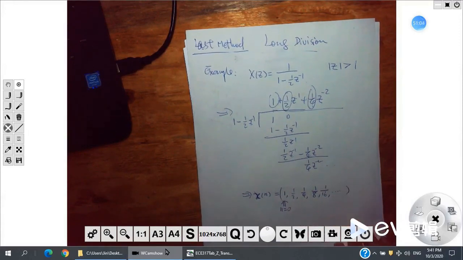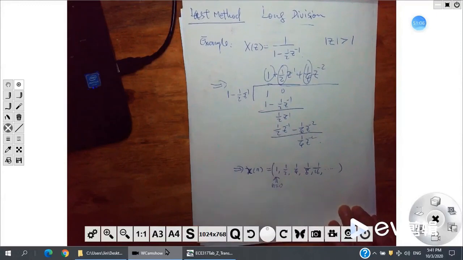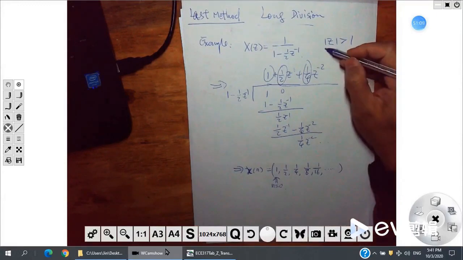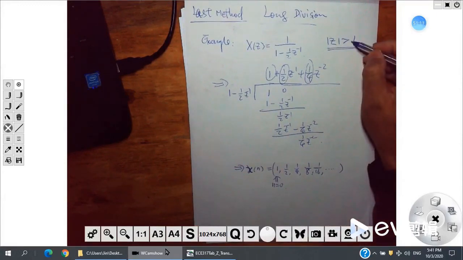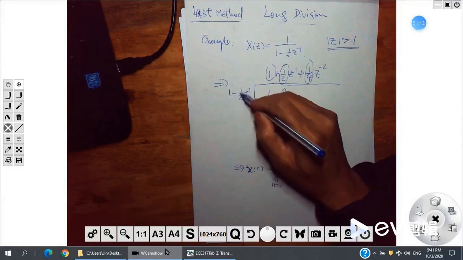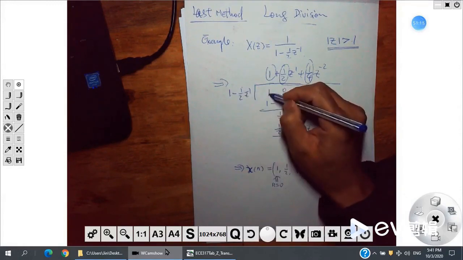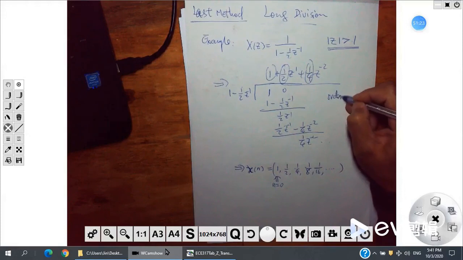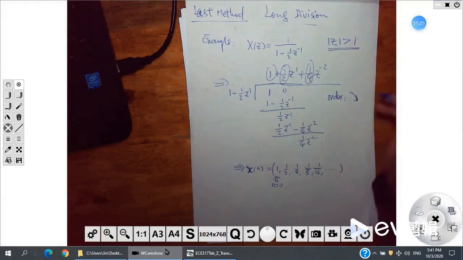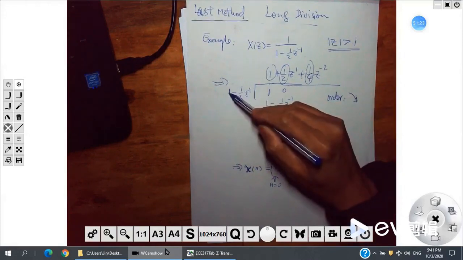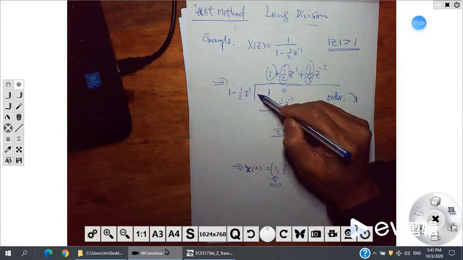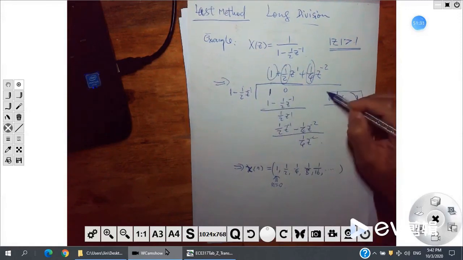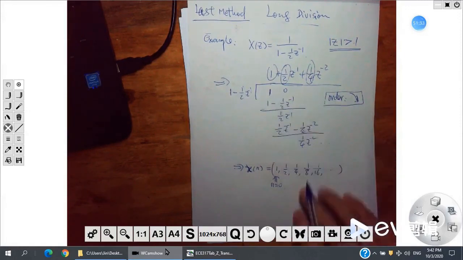Right? You can work like this. But here you have to mention this is for n larger than or equal to 0. Then here is 1 minus 1/2 z^-1. Here is also put 1 in the front. So the order is decreasing, right? Order 0, order negative 1, order negative 2 is decreasing. Yeah, both orders decreasing.